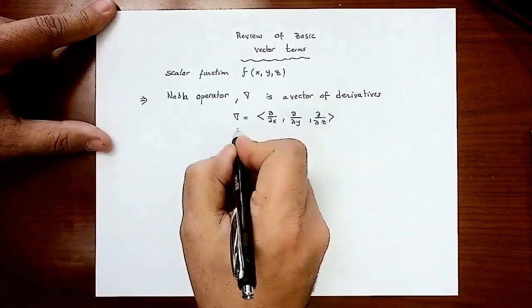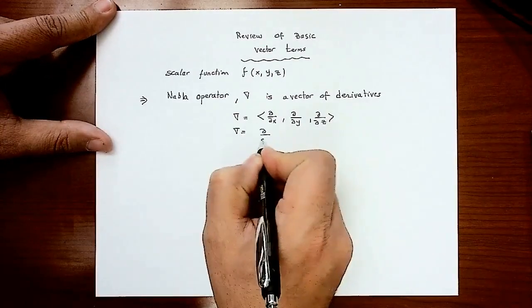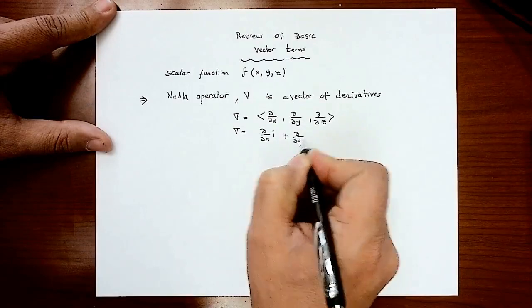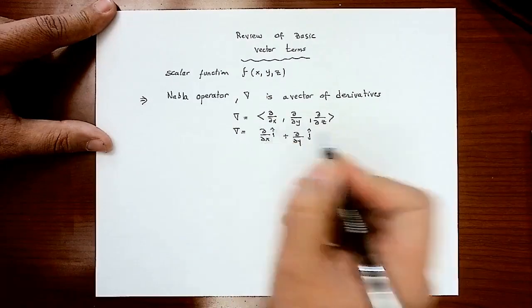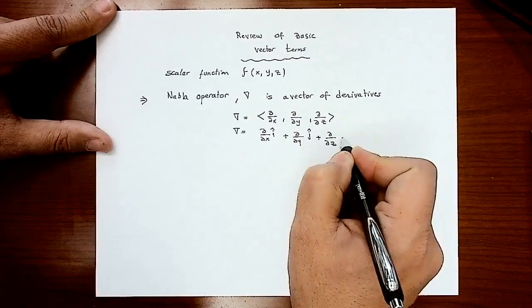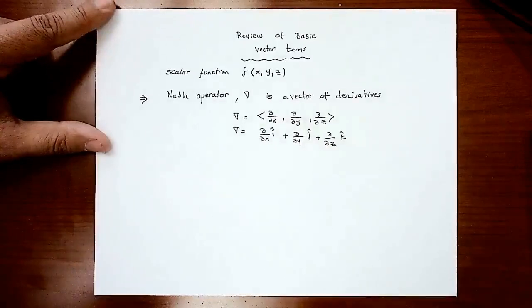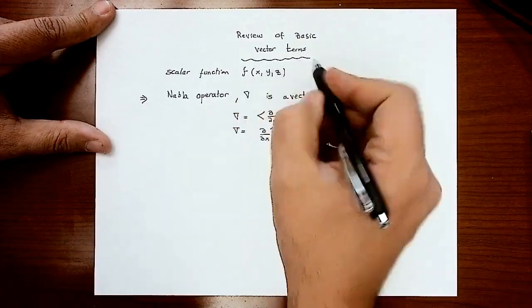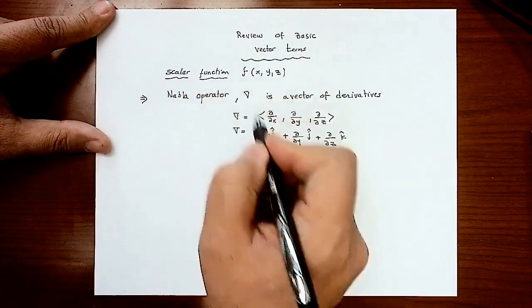The other way is to say that nabla is simply partial by partial x in the direction of i, plus partial by partial y in the direction of j, plus partial by partial z in the k direction. You can put the hat or not. Either way presents the nabla operator. Now f is a scalar function, and I would like to apply nabla.